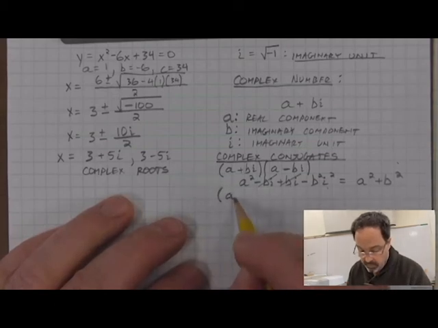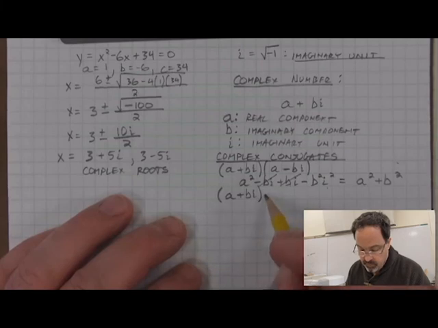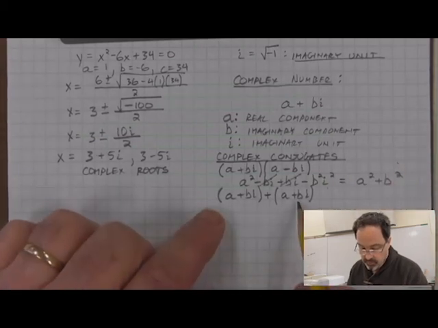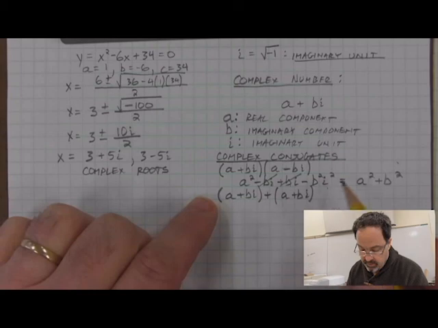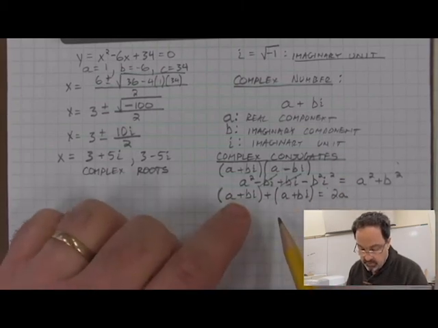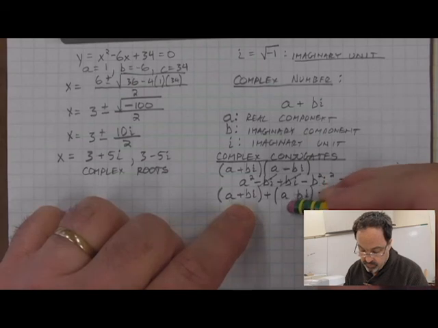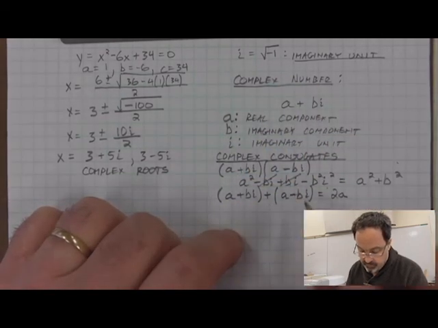What happens when we add complex conjugates? Here we have a pair of complex conjugates that we are adding. In general, if we drop the parentheses, we'll get a plus a, and if these are complex conjugates, we have to subtract.